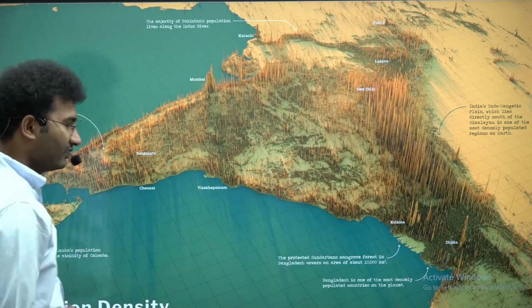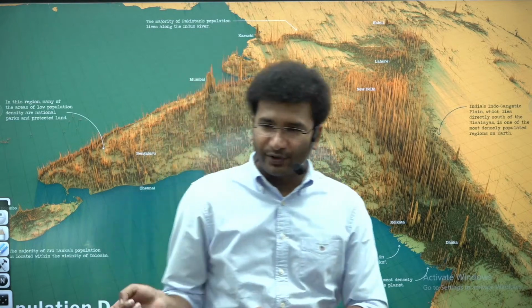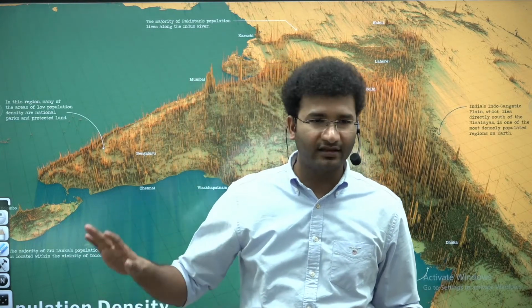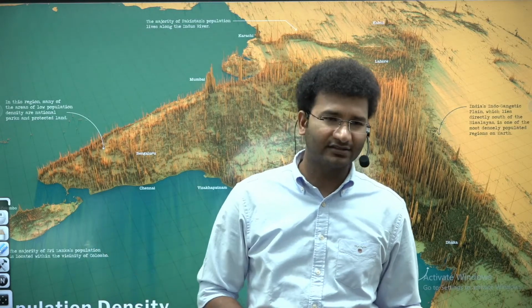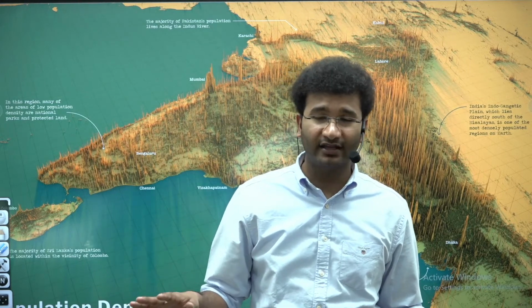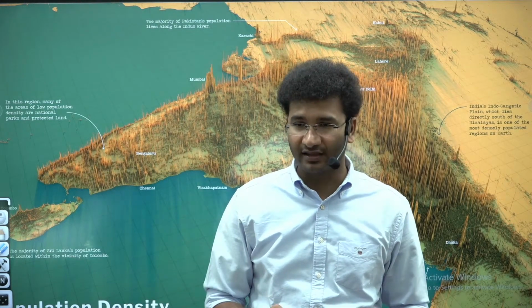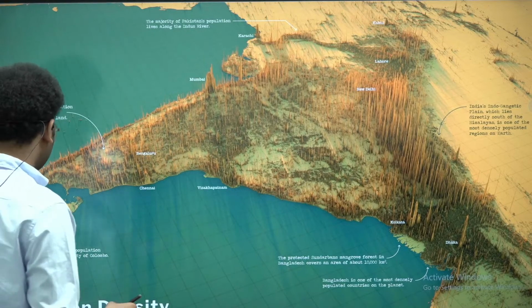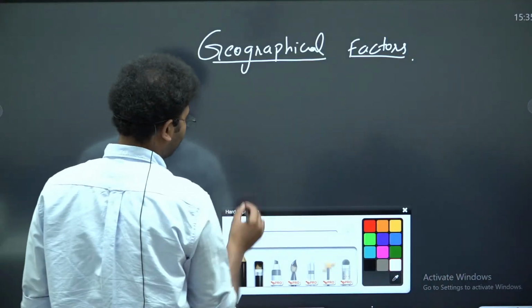And especially a river when it is flowing through hills and a river when it comes through a plain area, in the plain area the density of the population will be more, because it is a deposition area, plain areas or deltaic areas where the deposition rate is very high, and because of that agriculture, these factors will come into the picture. So the first factor is the availability of water.